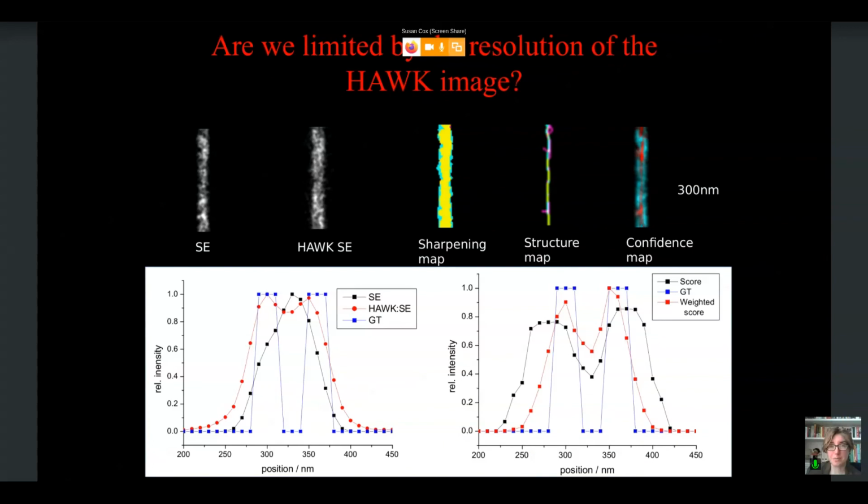In this case, this is a simulation, where we have 2 lines which are a certain distance apart, but the data is not good enough to show it in either the single emitter or the hawked single emitter image. So we can't see any structure in the hawked image, and we can't see any structure on the single emitter image. Can we get that?